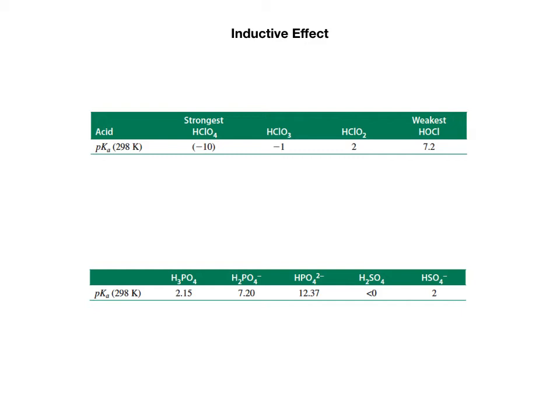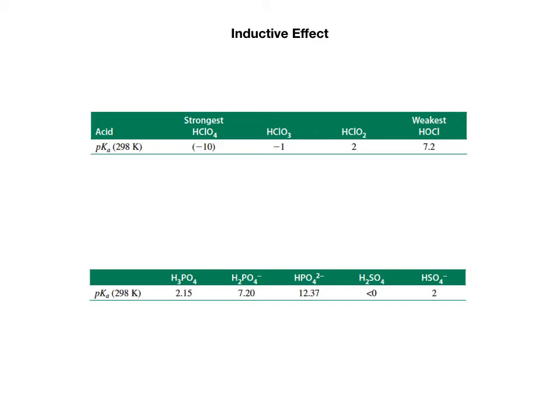One is between the same acid, so H3PO4, H2PO4-, and HPO42-. The trend here is pretty easy to identify, in that the more negative charge there is, the higher pKa value it is, which means a high negative charge would correspond to a weaker acid.